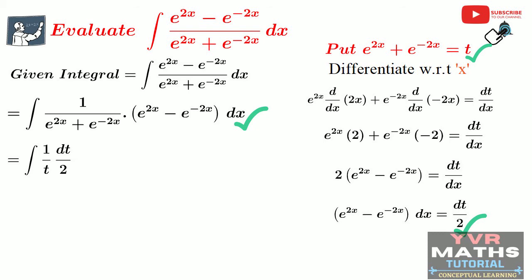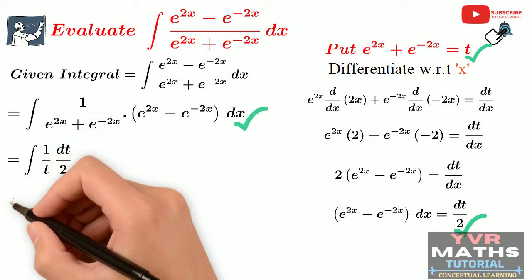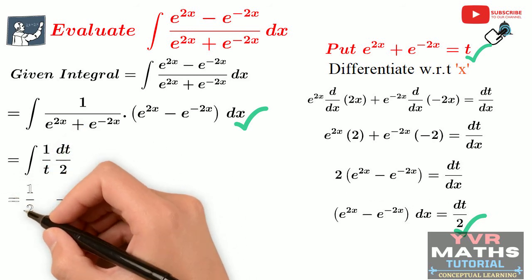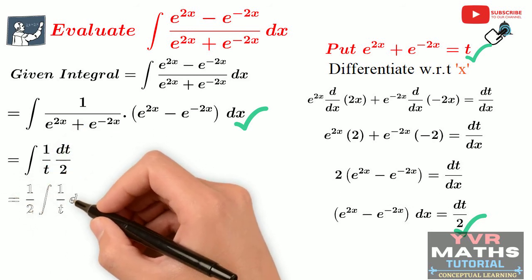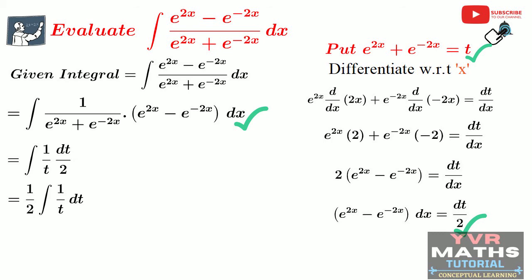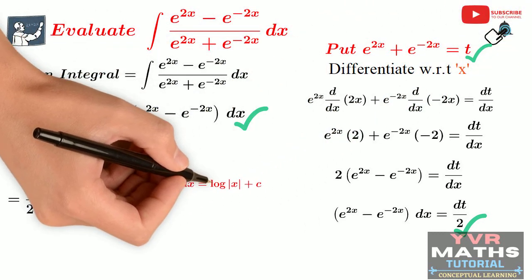In this integral, we have a constant 1 by 2. So, by using basic properties of indefinite integrals, the constant 1 by 2 we can write outside of the integral. So the next step is 1 by 2 into integral 1 by t dt. If we observe, this integral is clearly in the form of integral 1 by x dx.